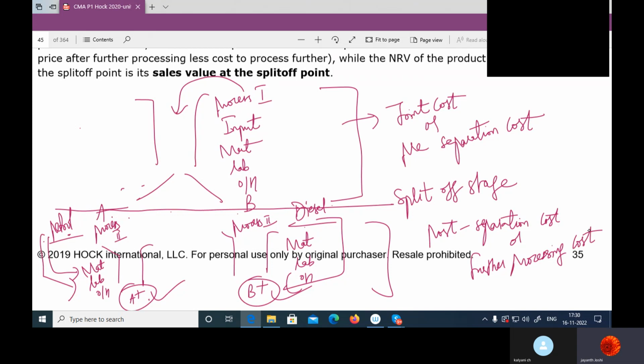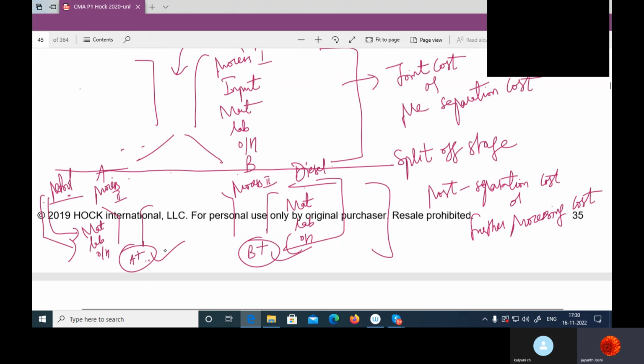Now the next point here is, since you understood that to find out A plus you want raw material which is petrol, and labor and overheads you'll add. To make B plus you want raw material which is diesel and you'll be adding labor and overheads, and you'll be getting the cost of that.